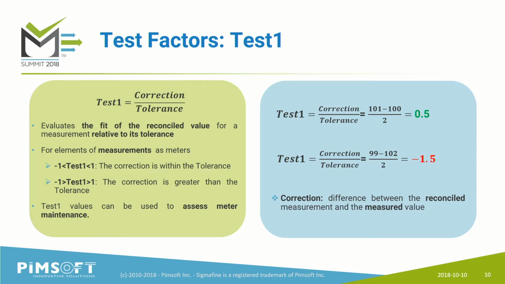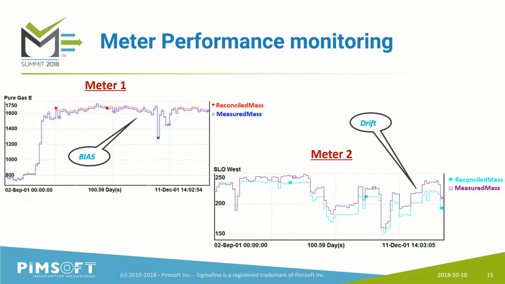The results of test 1 can be used to assess meter maintenance. So we have the results of test 1, we can see the behavior of the meter, and we can plot the reconciled mass and measured mass versus time.